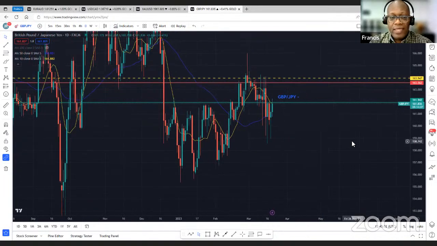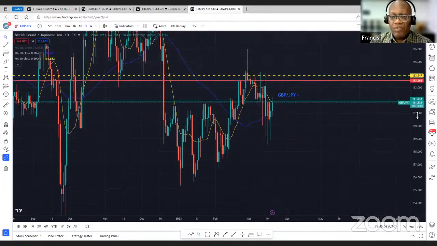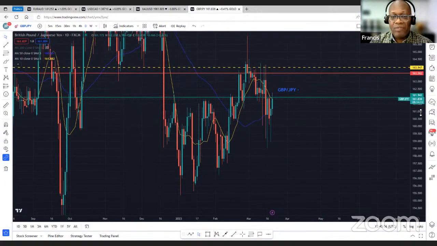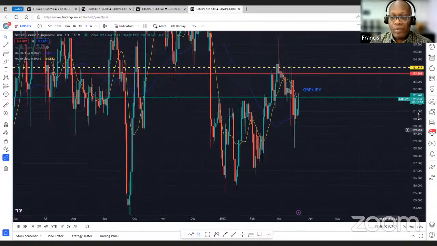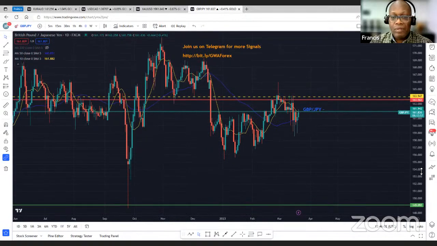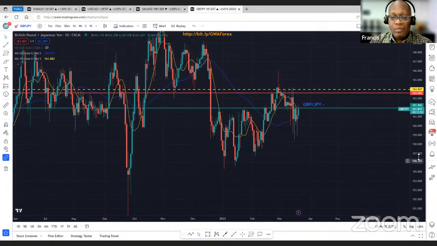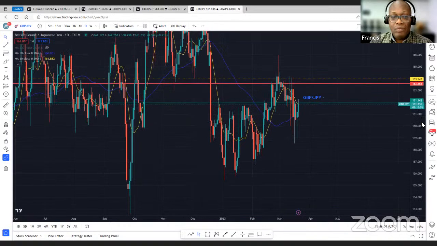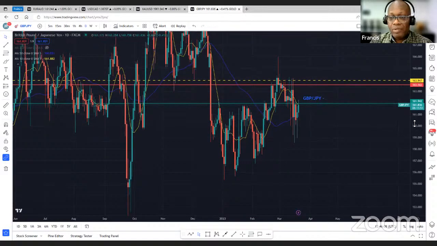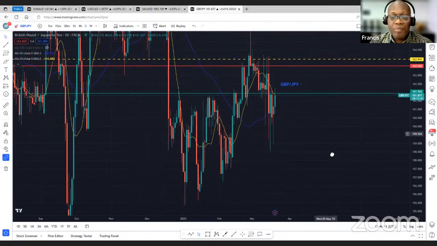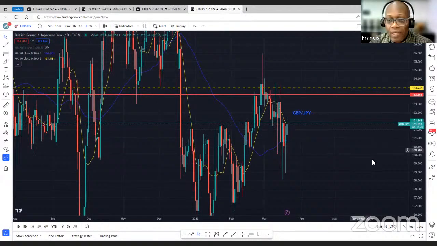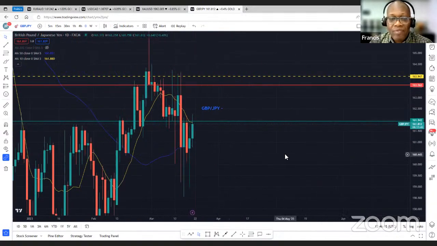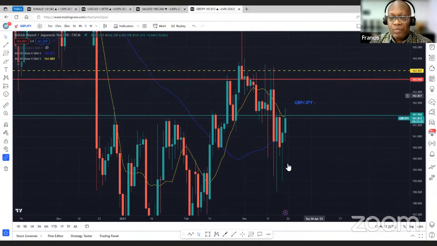This is just to get an idea of the overall time frame, overall direction of the market. Now this could still drop. However, we'll also go to the lower time frame. We see all this wick at the bottom.